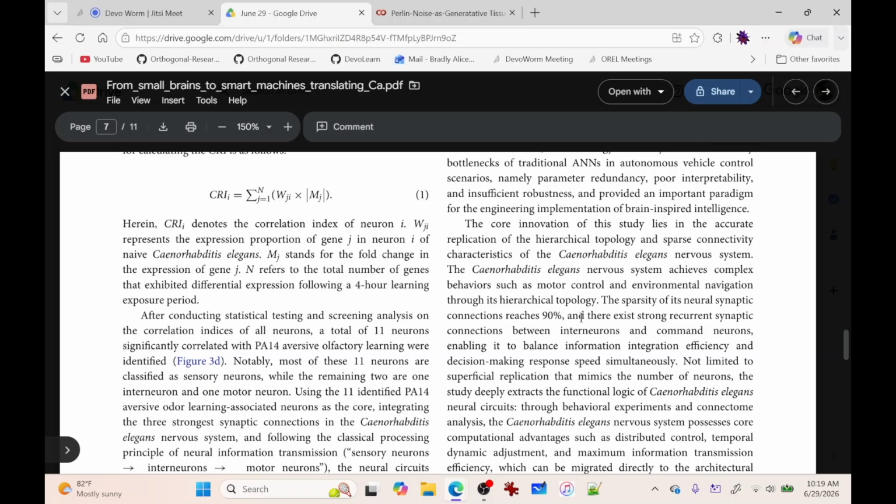There exist strong recurrent synaptic connections between interneurons and command neurons, enabling it to balance information integration efficiency and decision-making response speed simultaneously.